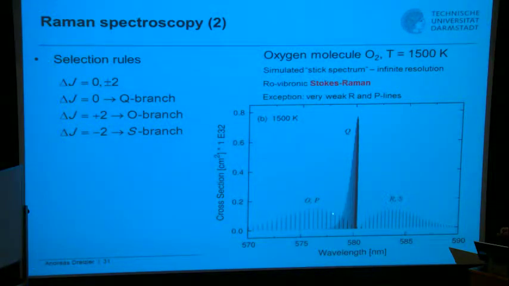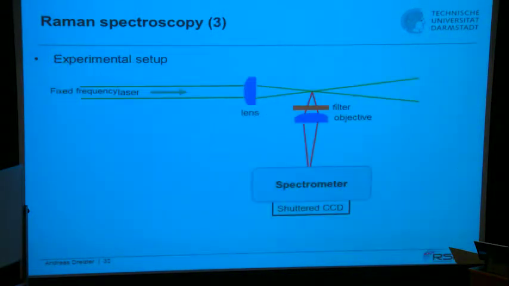And once again, if you would probe that with Raman spectroscopy, then you would be able to deduce the temperature from this envelope. Ideally, take the full spectrum, but maybe also take only a few lines. In principle, the principle is the same. The Boltzmann distribution provides you the distribution of this.